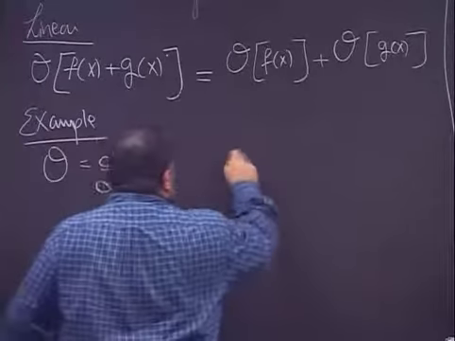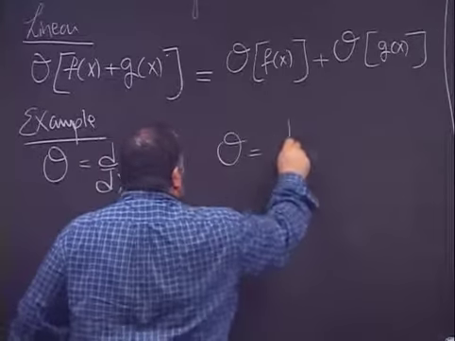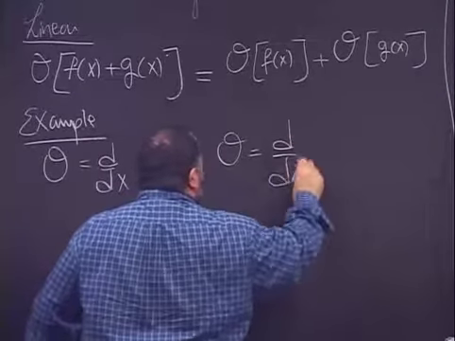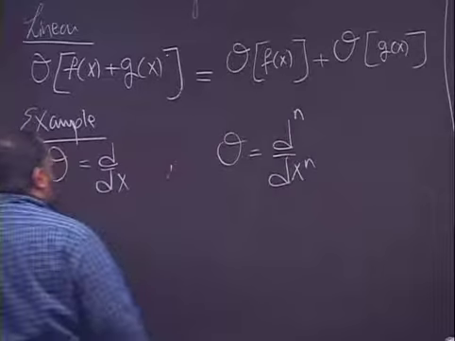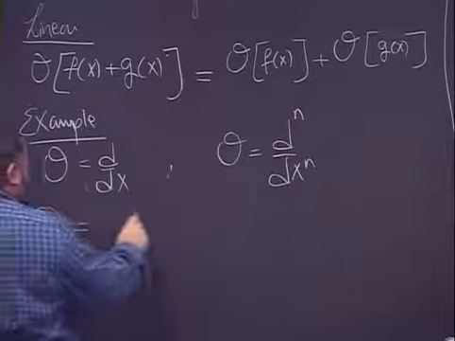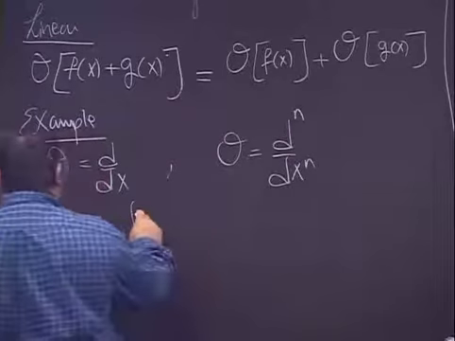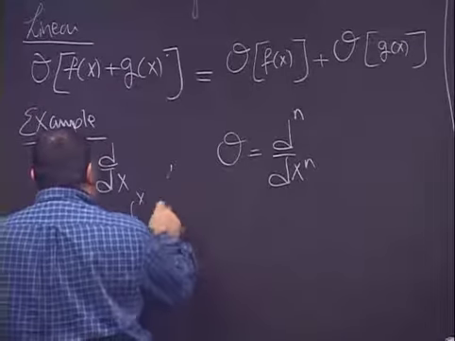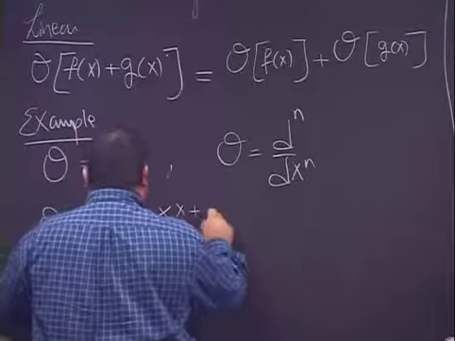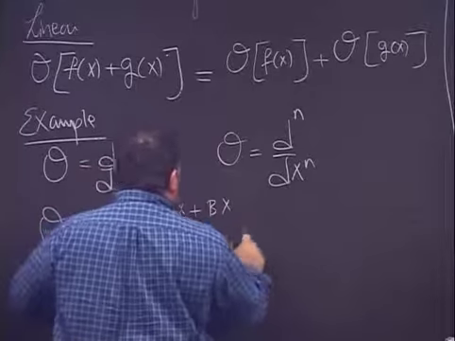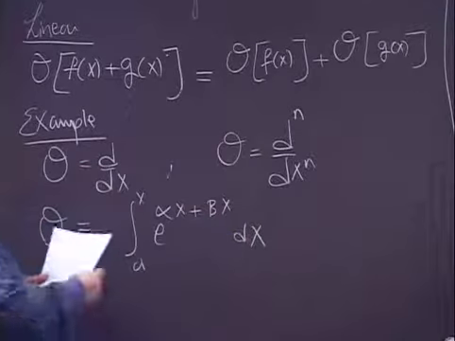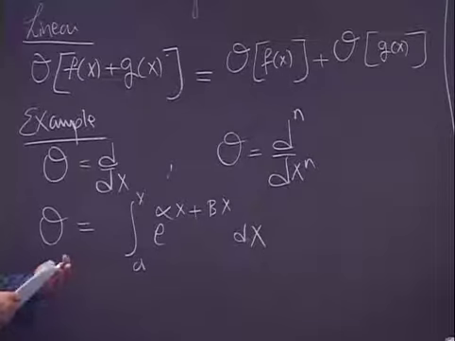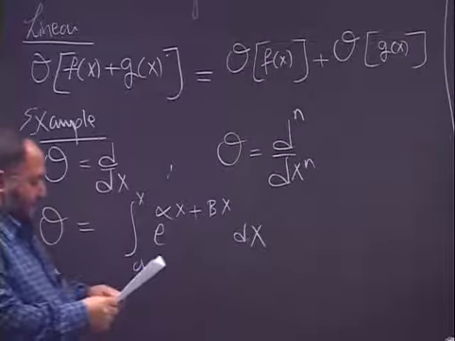Again, the operator can be the derivative to the power of n, which is exactly the same, or the integral from, let's say, a to b of some function, alpha f of x plus beta g of x dx, for example. So this is the definition of a linear operator.